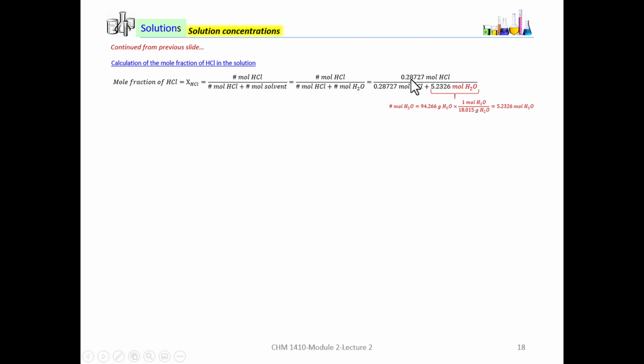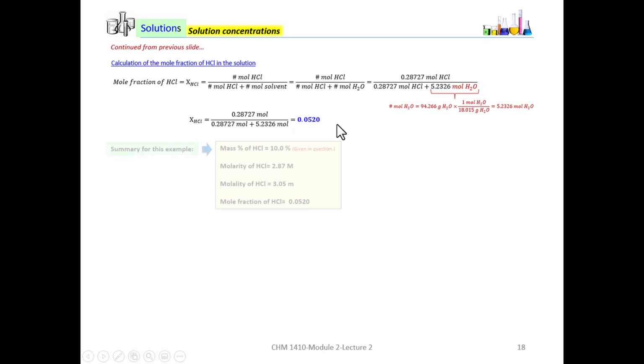So we have the number of moles of HCl. We can get the number of moles of water by simply converting our mass of water into moles of water using the molar mass of water, and we put that right here. And so our mole fraction of HCl turns out to be 0.0520.